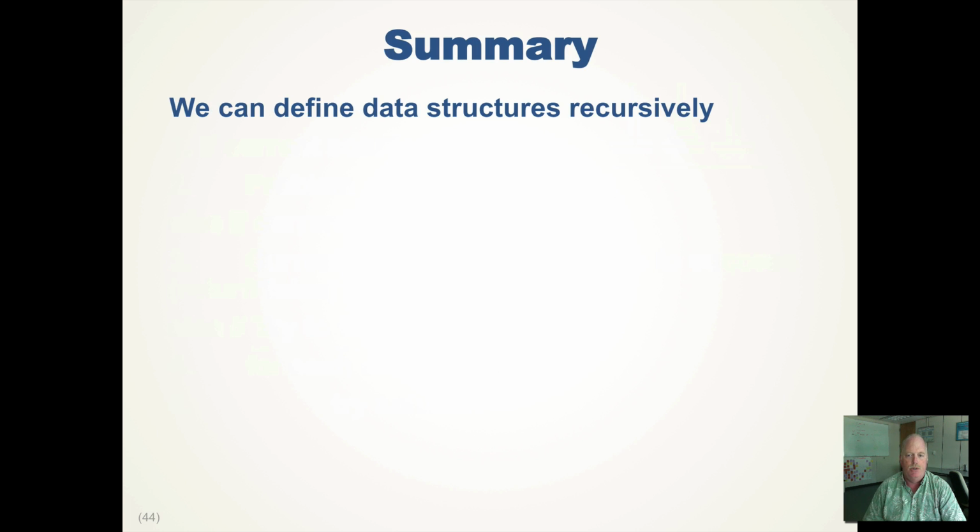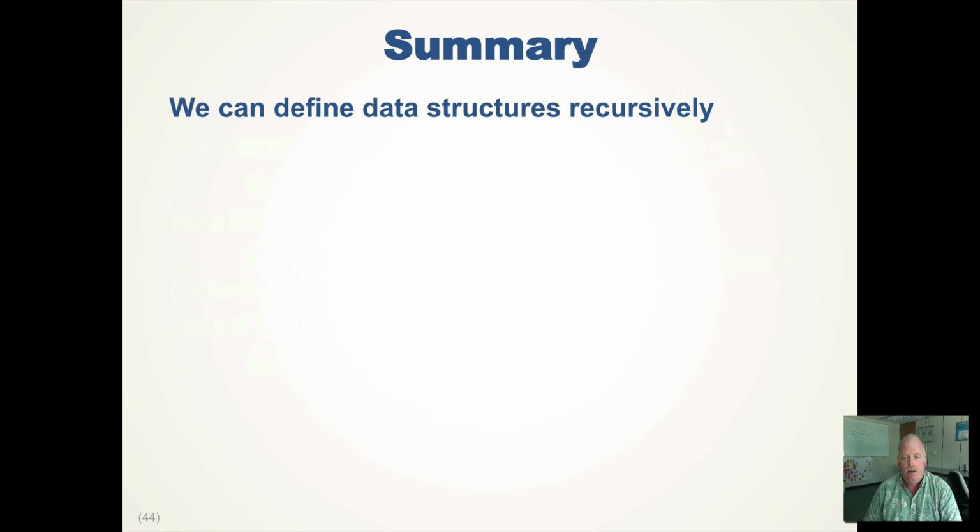So, in summary, we talked briefly about how you can define data structures recursively. For example, a linked list is a node followed by a linked list, or it's empty. We'll see next week about the tree data structure. A tree can be defined recursively, and often is defined recursively.